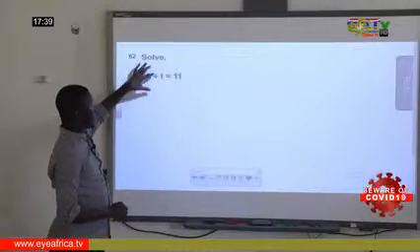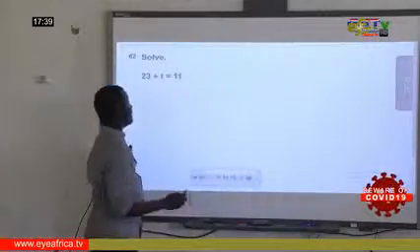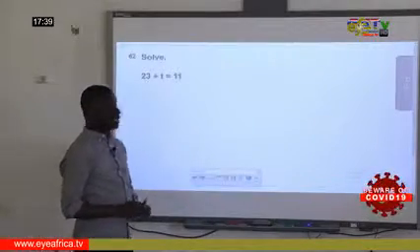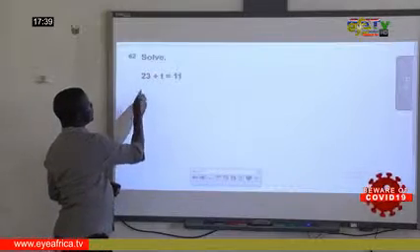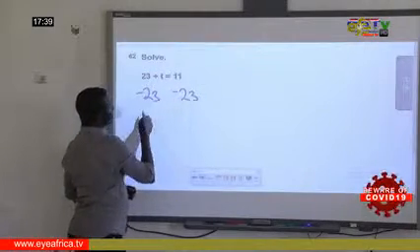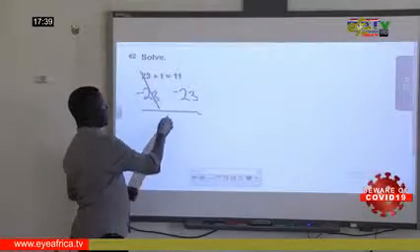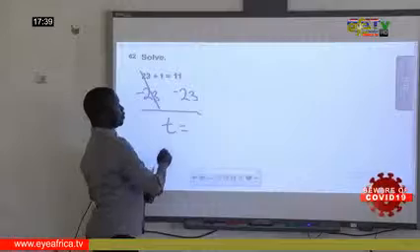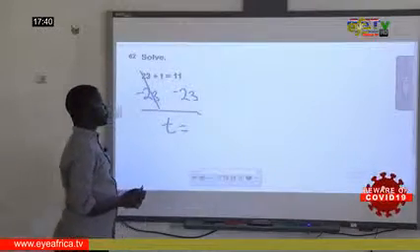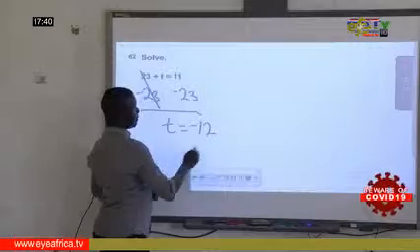And this 23 being a positive number, the inverse of addition is subtraction. So we are subtracting 23 from both sides. And this will undo it. So we have t equals 11 minus 23. Our answer is negative 12.